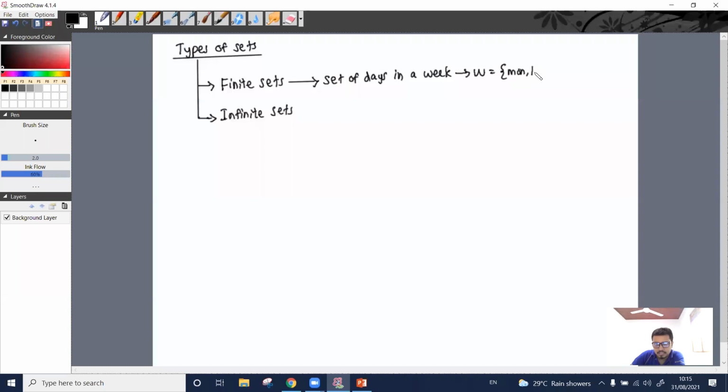Monday, Tuesday, Wednesday, Thursday, Friday, Saturday, and Sunday. Exactly how many elements are there? There are exactly 7 elements. So such sets we call finite sets.